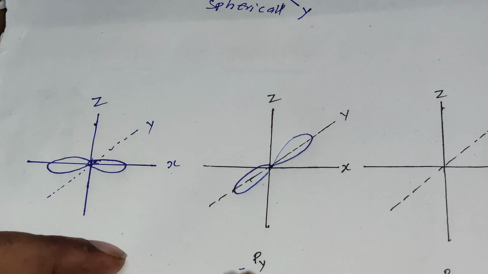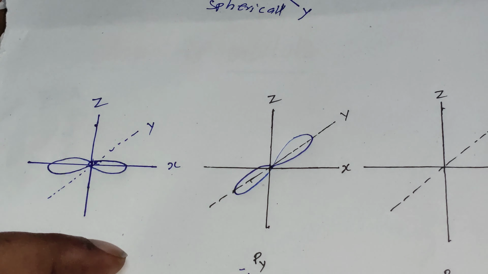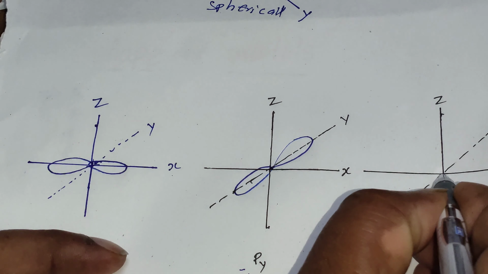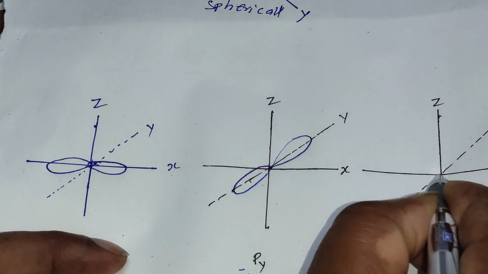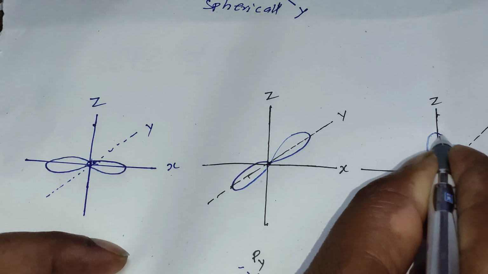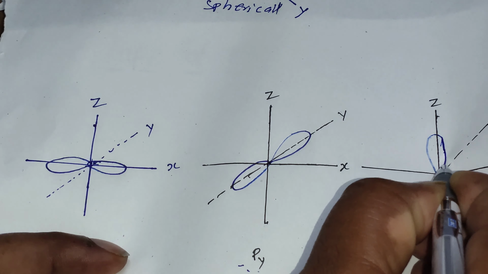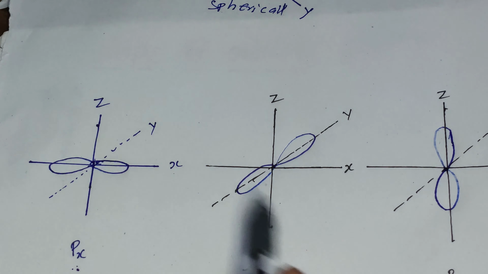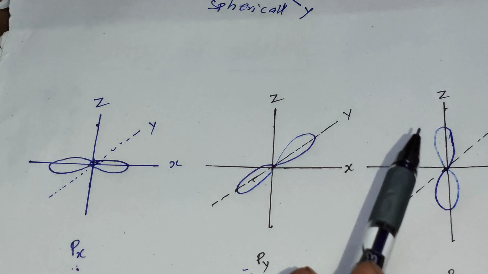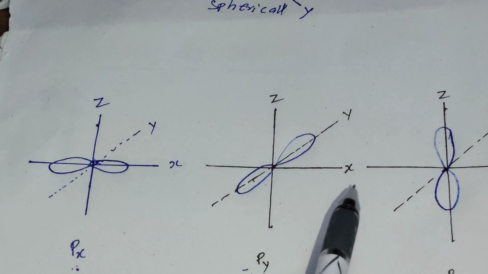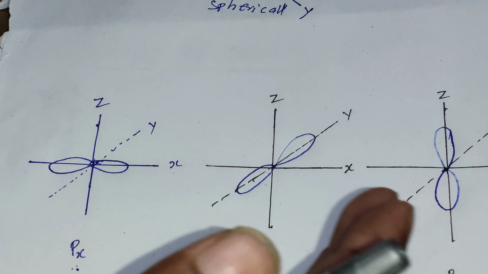Next one is pz, and you can draw the structure on the z-axis. Here it is px, py, pz, and each orbital has the same shape; the difference is the orientation. Okay students, this is about the p orbital.